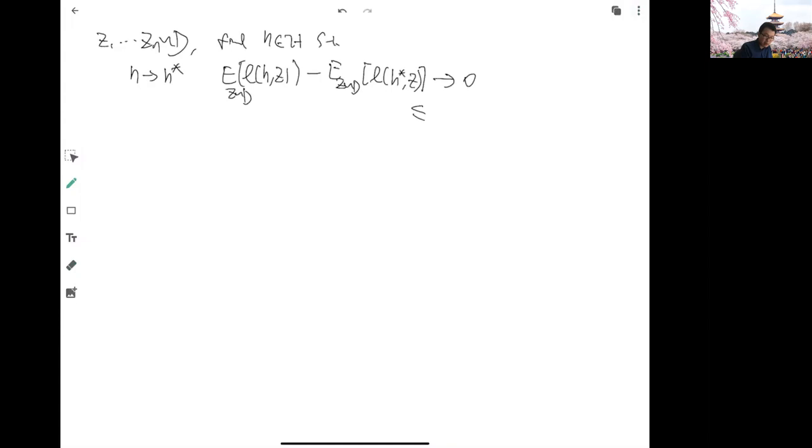You can upper bound this using statistical learning theory with things like 1 over square root of n.